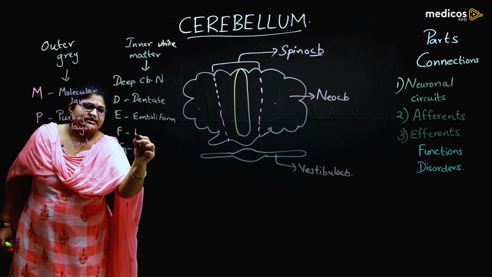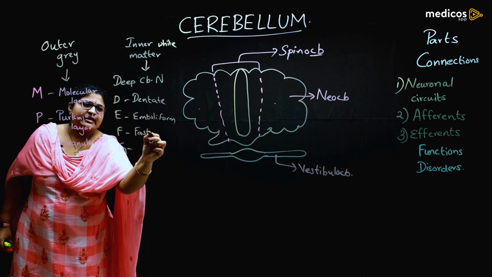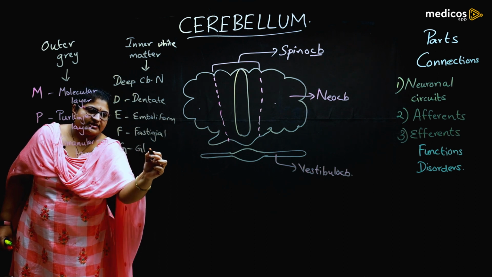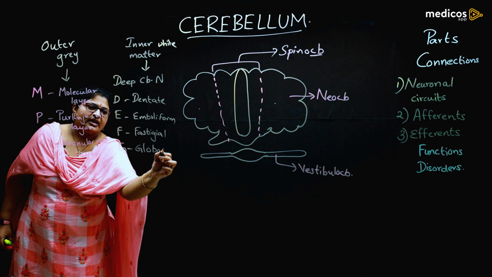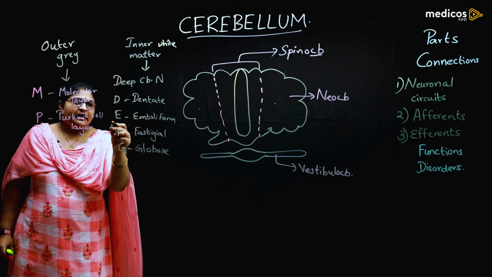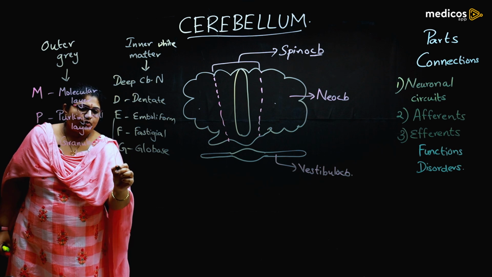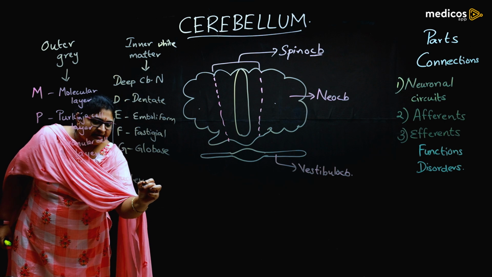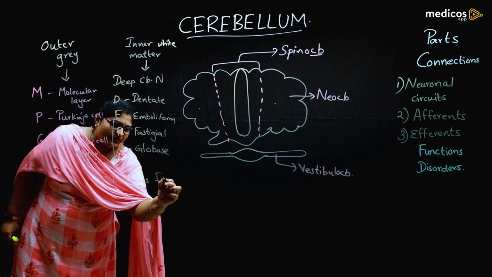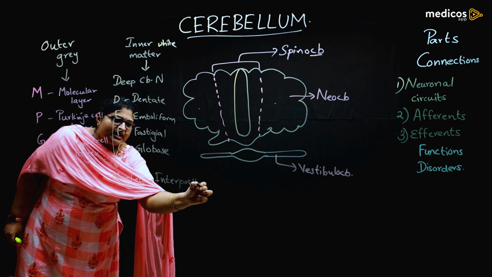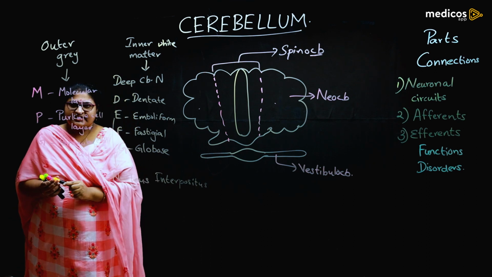And next one is fastigial nucleus, and last one is the globose nucleus. So these are the 4 different cerebellar nuclei. And this emboliform and globose, they are together called as nucleus interpositus. So this is in brief about parts of cerebellum.